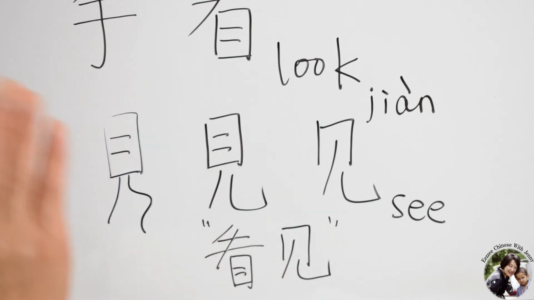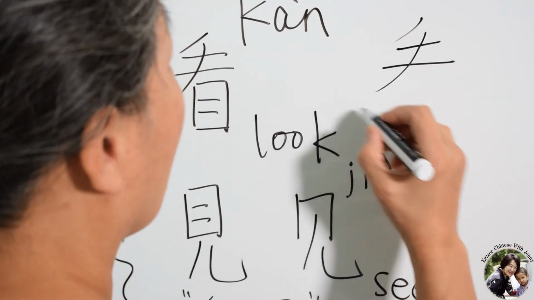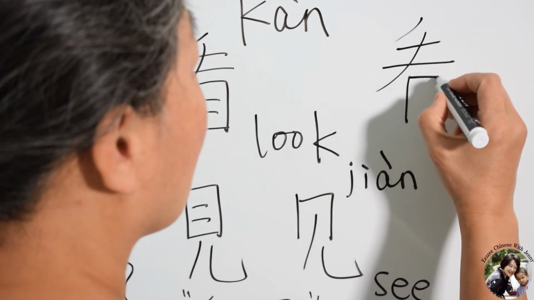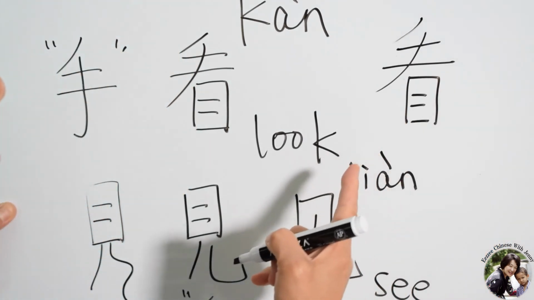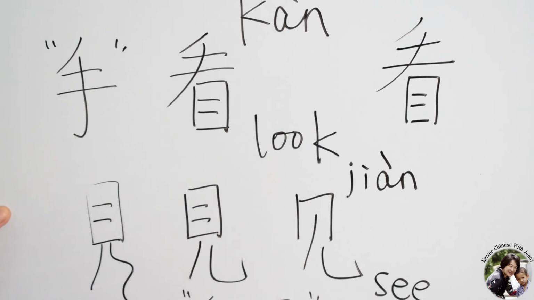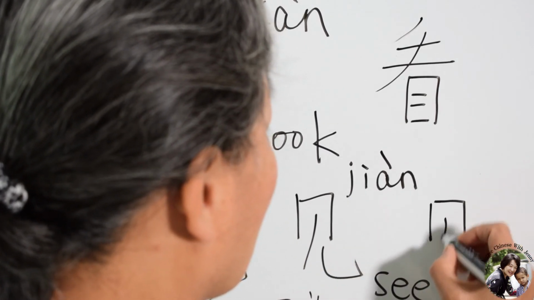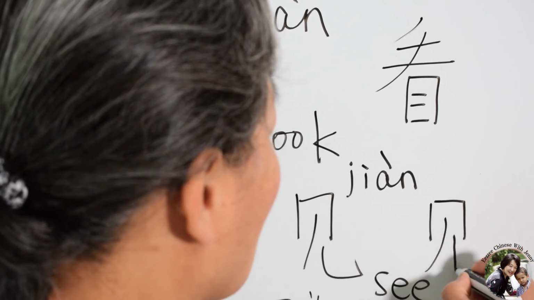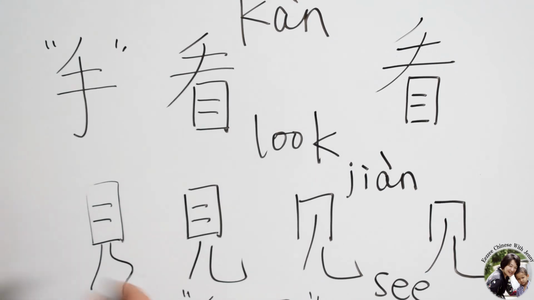Yes, I saw it. 看见. 撇横横撇竖横折横横横. 看 means look, take a look. And this 竖横折撇竖弯钩 见 means you see it.